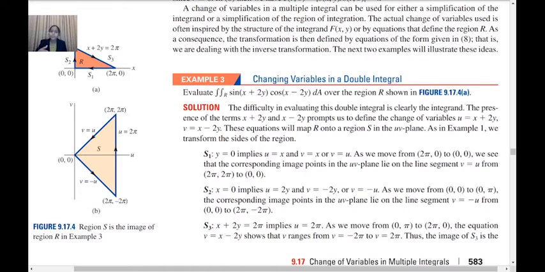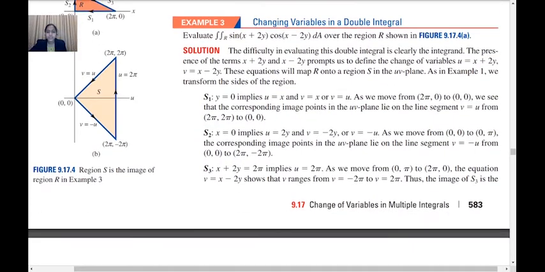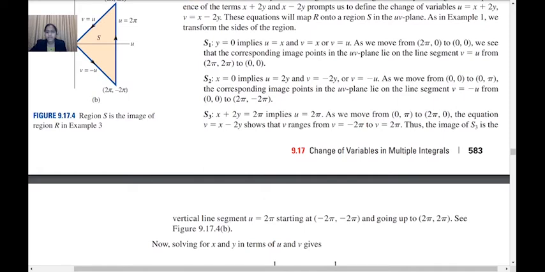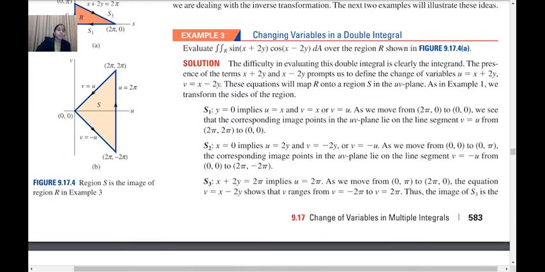So it moves from minus 2 pi to 2 pi, right? So we have the vertical segment u is equal to 2 pi, moving from minus 2 pi to 2 pi. So I hope the image of the region is clear in your mind.